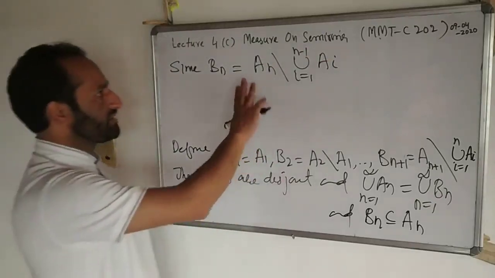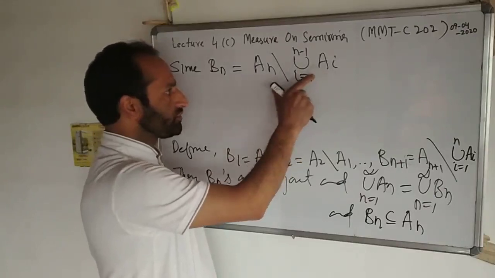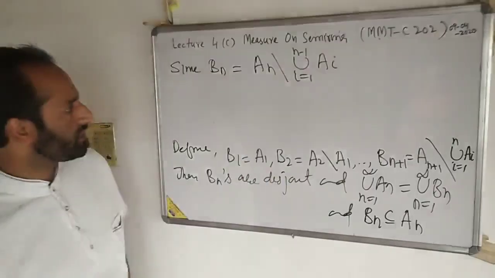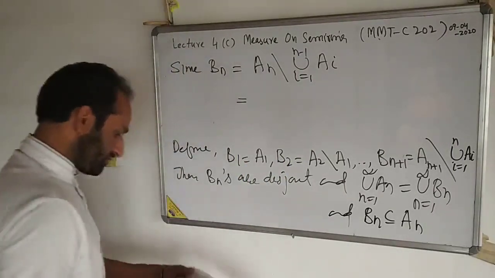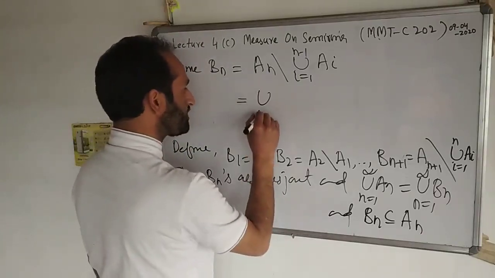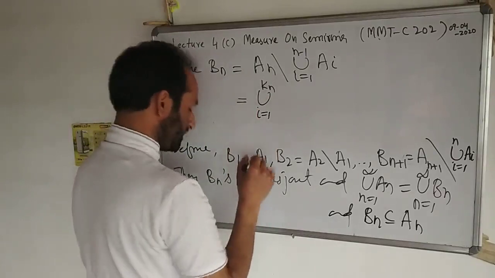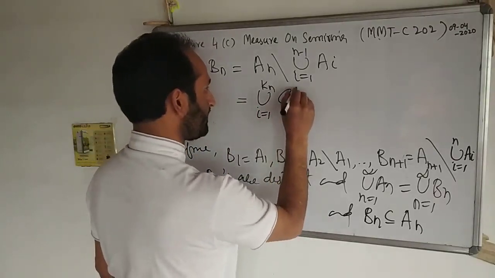So it's a difference of An and a union of finitely many sets of S. Therefore this difference can be written as a finite disjoint union of members of S. So let us write it as the union i runs from 1 to Kn of Cin.